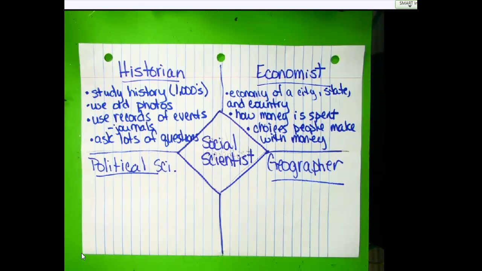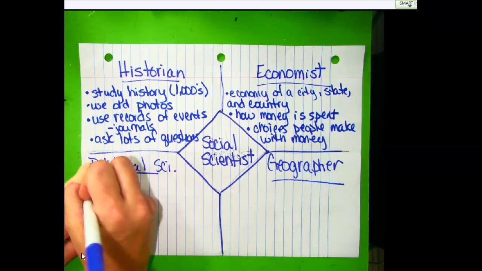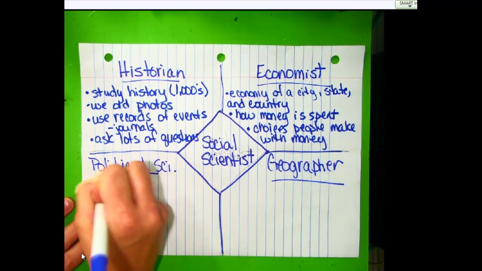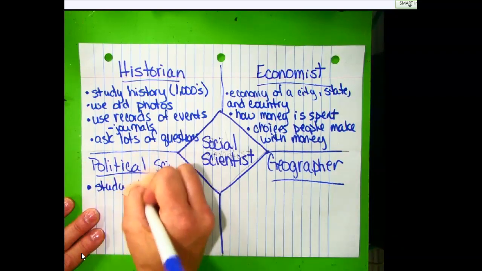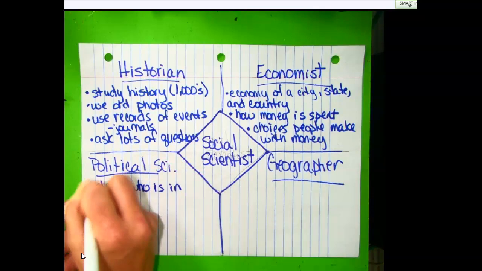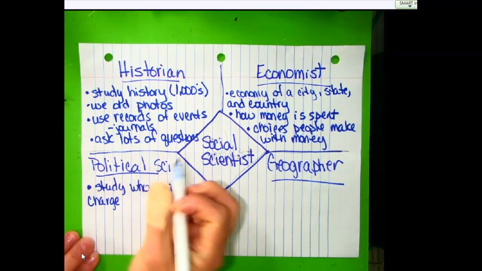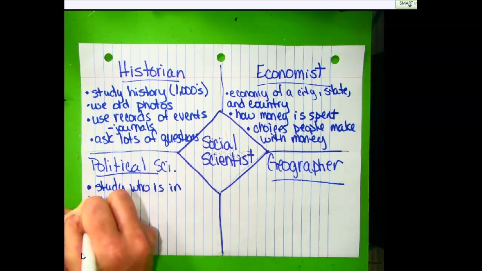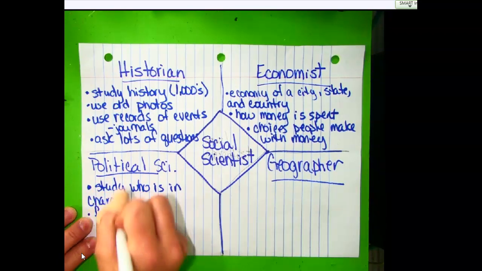A political scientist. Let's look at a political scientist. So political scientists like to look at who's in charge. When I say who is in charge, I mean we're talking all the way down to families. They look at how families are run. They look at the family unit.